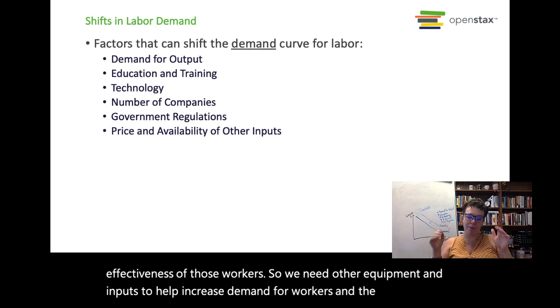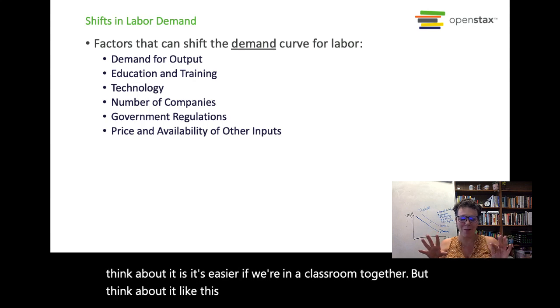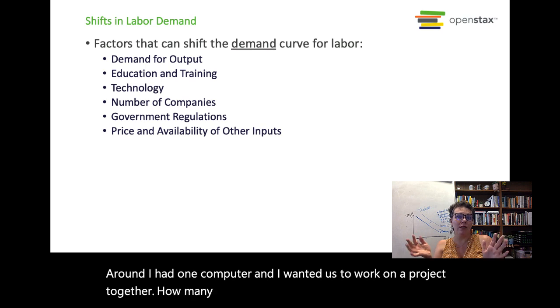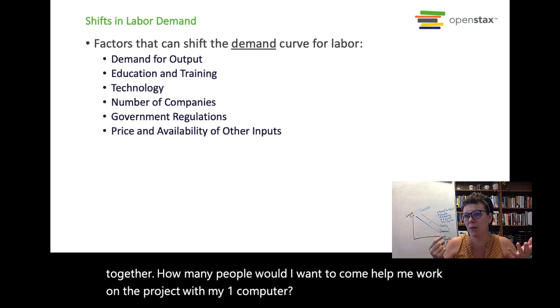The way I like to think about it is, it's easier if we're in a classroom together, but think about it like this. If we were all in a classroom together and I had one computer and I wanted us to work on a project together, how many people would I want to come help me work on the project with my one computer? Maybe one, maybe two.